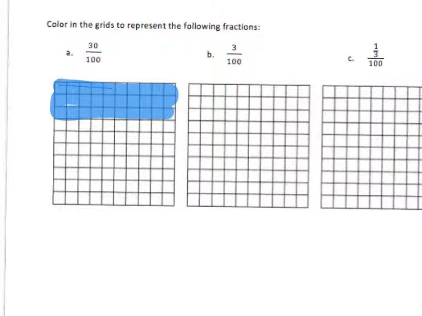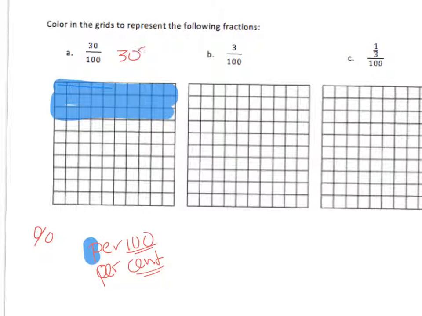And also remember that the per 100 is the same thing as per cent, because there's 100 cents in a dollar. 100 means like centennial, cent, 100. So this symbol right here. So 30 out of 100, or 30 hundredths, is the same thing as 30%.